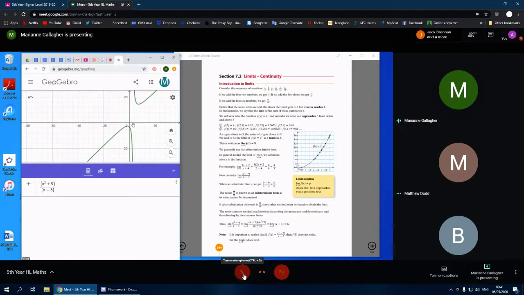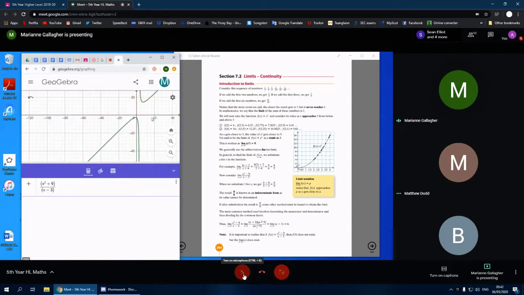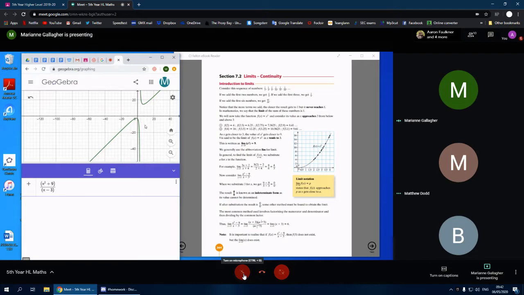We can't actually work out x equal to 3 here. And that's where the graph jumps from the bottom half to the top half. So there's a gap in the graph. You see that? Okay. So that's what we call a discontinuity. So that's why we can't work out the value in the graph.